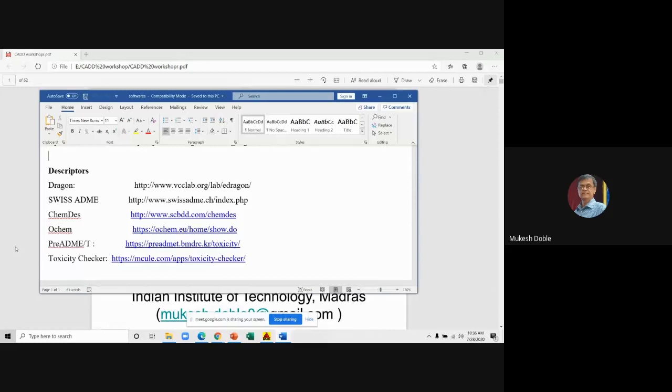Then I showed you pkCSM or ADMET, which gives you information about toxicity also. All these are calculated, not experimental. And this pre-ADMET gives you information about, again, ADME details, drug-likeness property, toxicity, and so on.